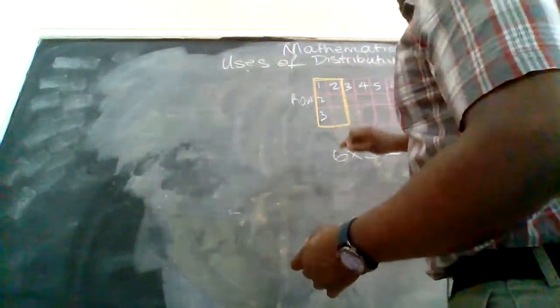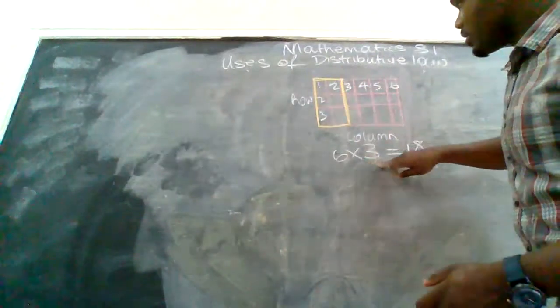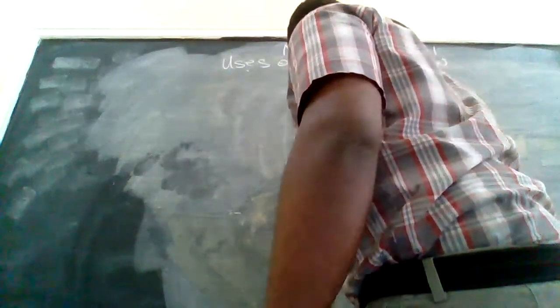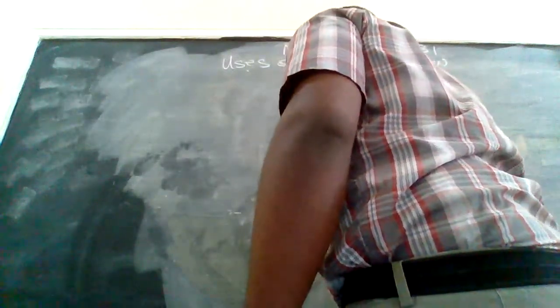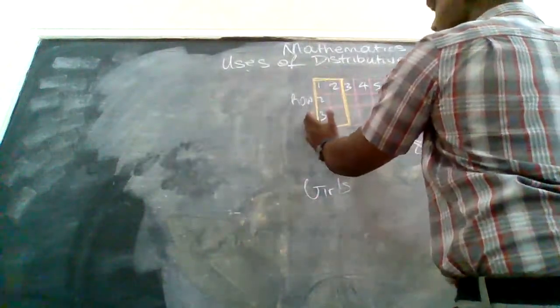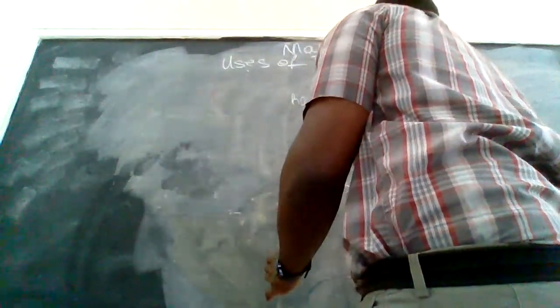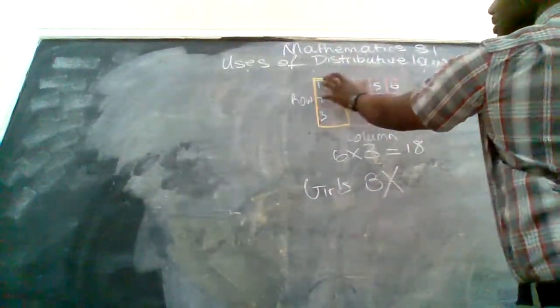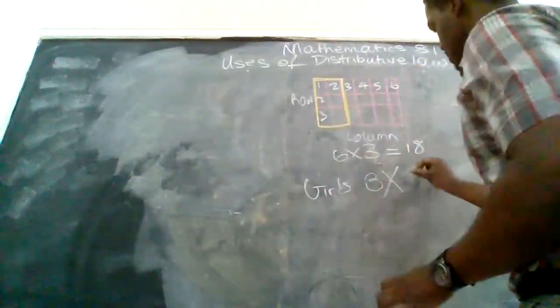Before there were 3 rows and 6 columns. The girls are going to get the same 3 rows, so 3 multiplied by no longer 6 columns but 2 columns.